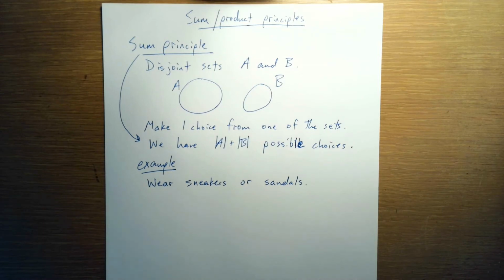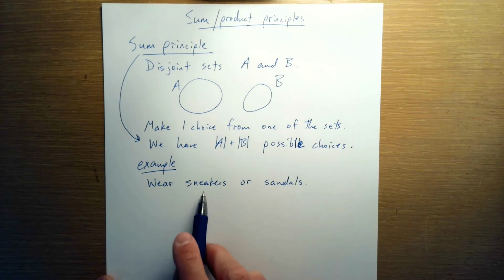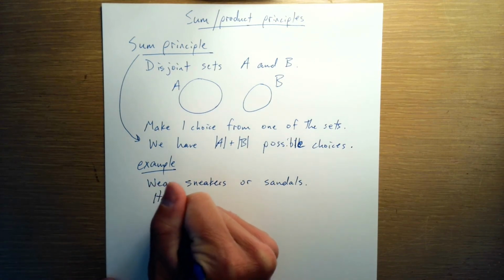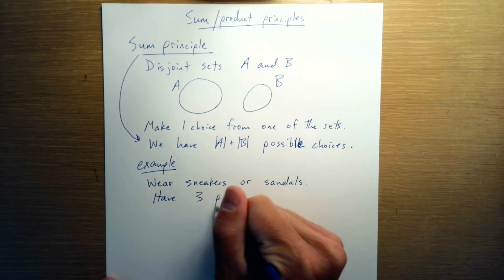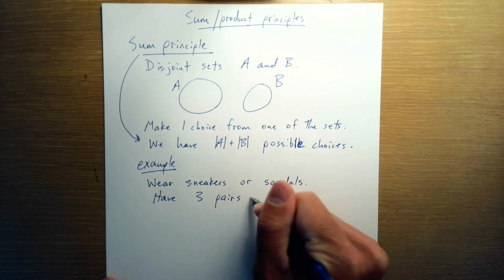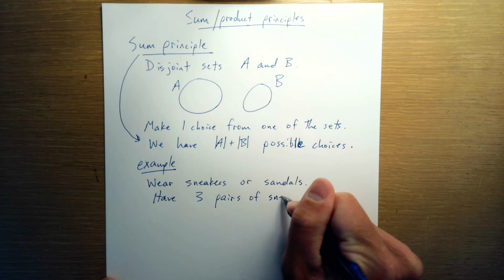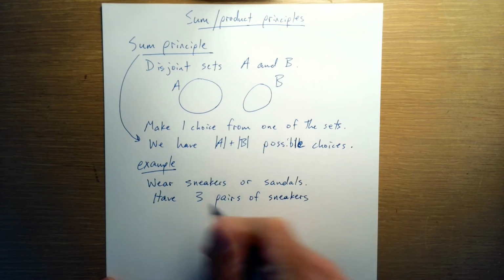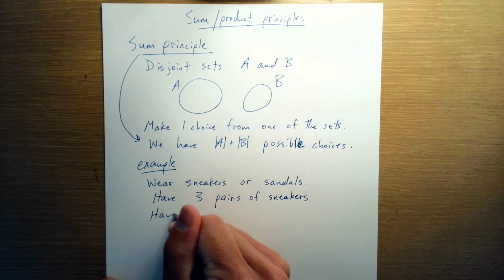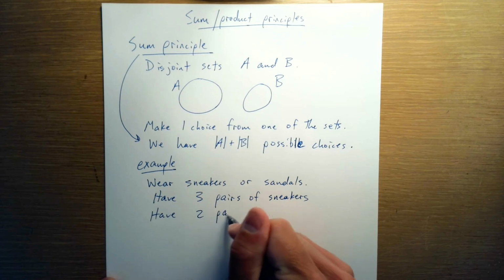Obviously, we can't wear both. We have to pick either sneakers or sandals, and we have a certain number of pairs of sneakers and a certain number of pairs of sandals. So we have 3 pairs of sneakers. And we have 2 pairs of sandals. After all, we're reasonable people.